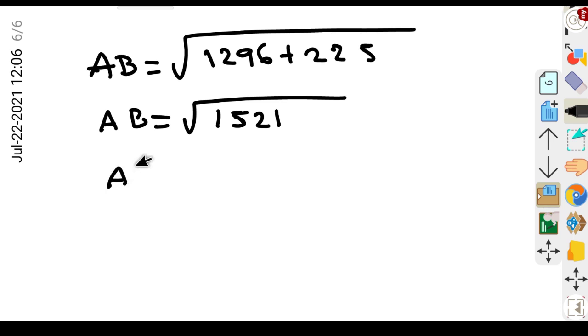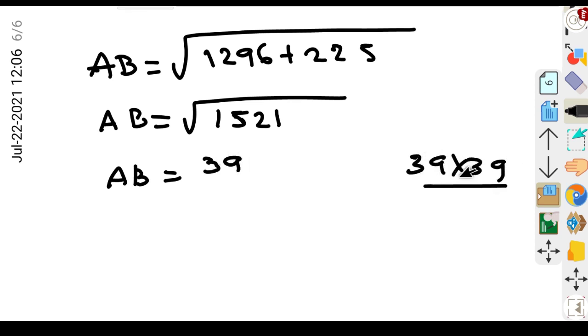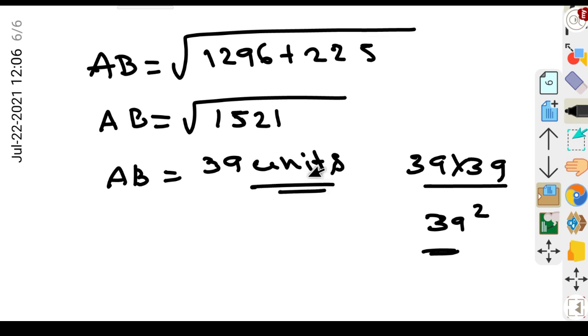Now just check whether this number has a square root, whether this is a perfect square number or not. The square root of 1521 is nothing but 39, so 39 into 39. You can check, 39 square is nothing but 1521. So the distance between AB is 39 units. Now this is the answer for the second question.